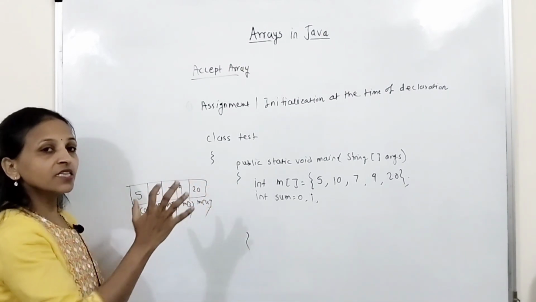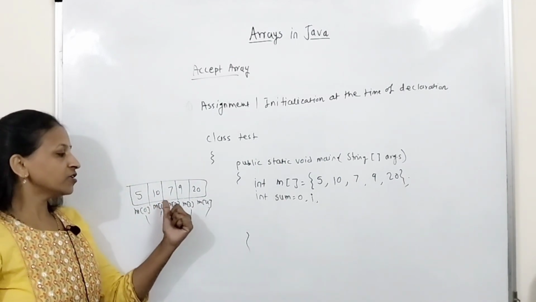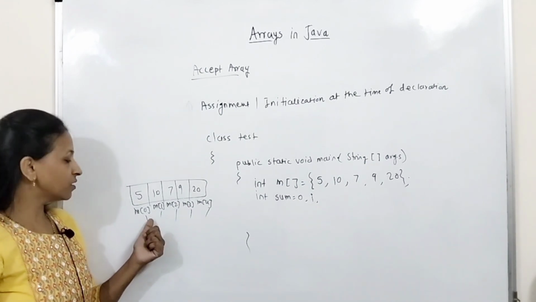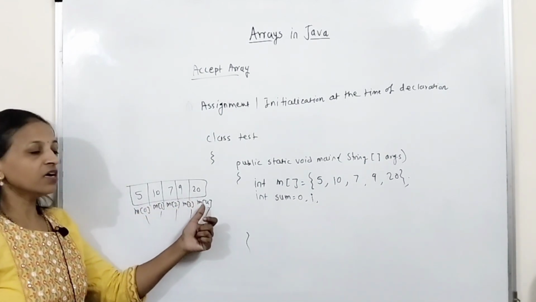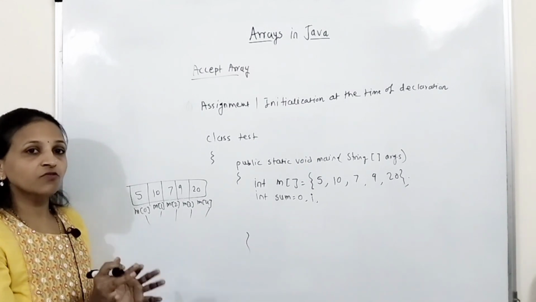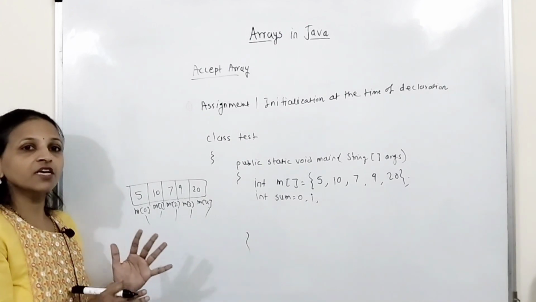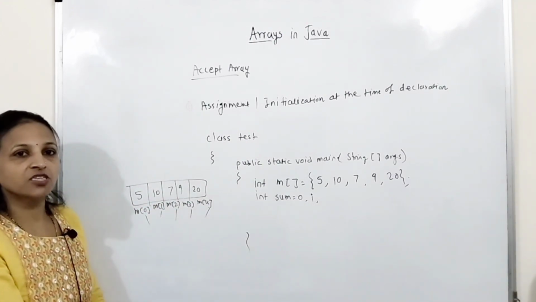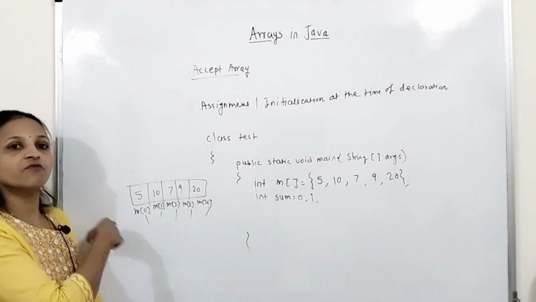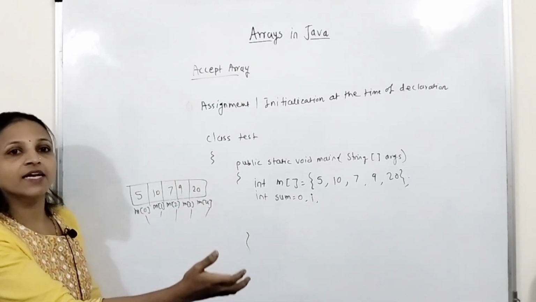If we want to fetch all the array elements one by one, if you want to traverse through this array, then we will use an index, and the index will start from 0 up to 4, and it will be incremented by 1 every time. That we can achieve with the help of a for loop, because we can use the loop concept for repetition. First I will fetch this number, then add that number to the sum, then fetch the second number and add that to the sum.